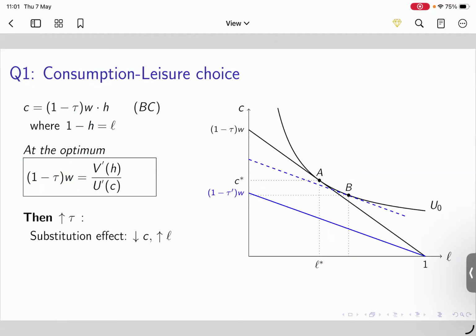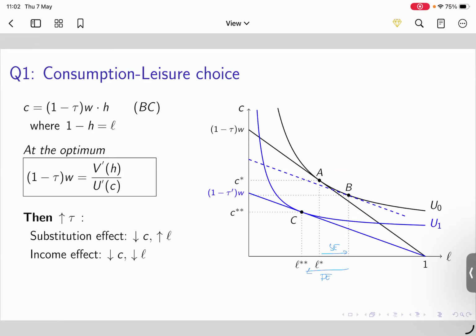This gives you a positive substitution effect on leisure, negative on consumption. Then on top of this, you have the income effect, which is instead negative, because you're poorer overall.